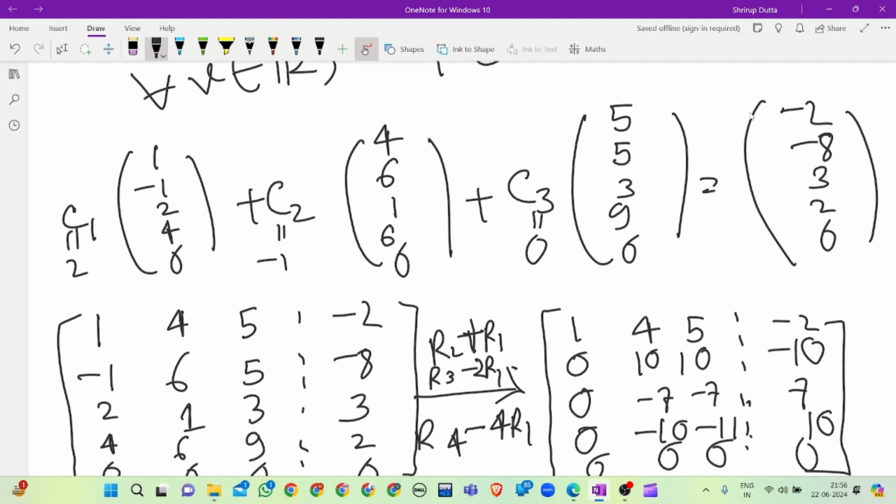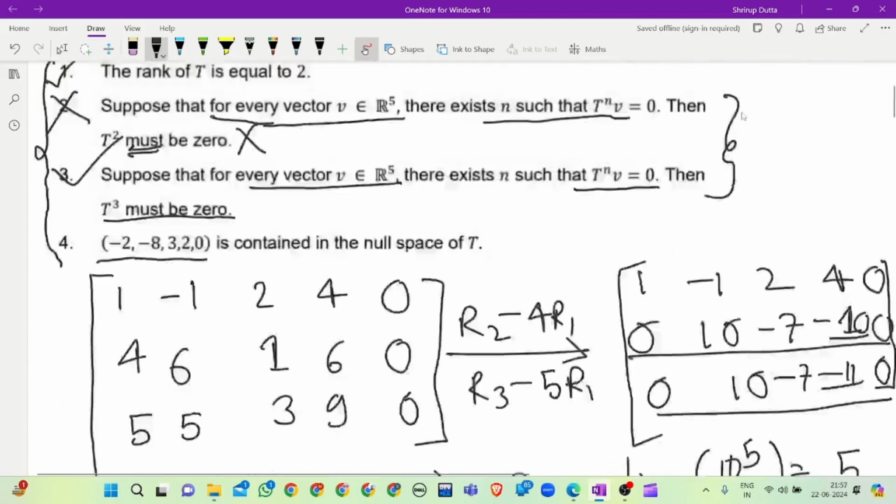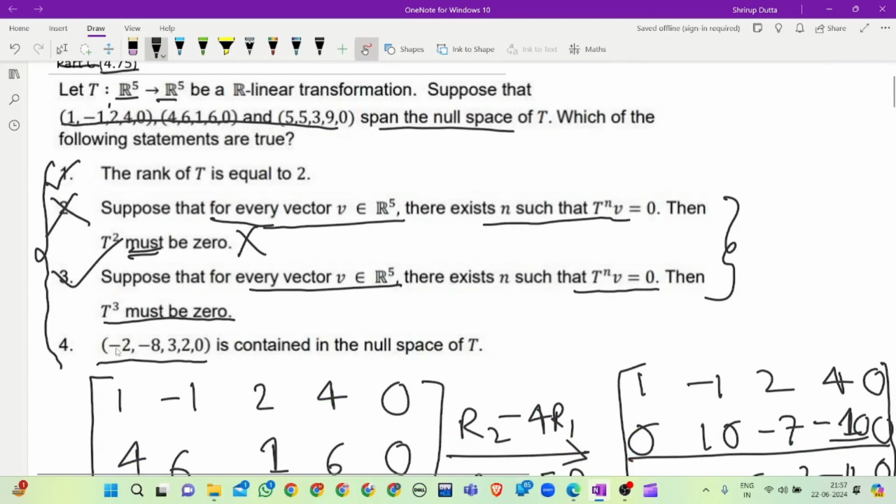So the given vector is contained in the null space of T. So options 1, 3 and 4 are correct.